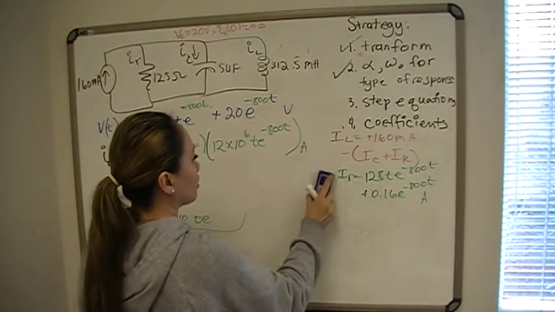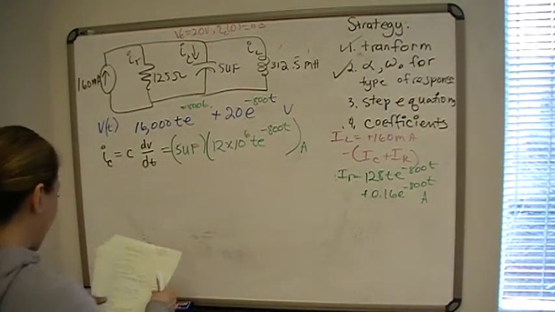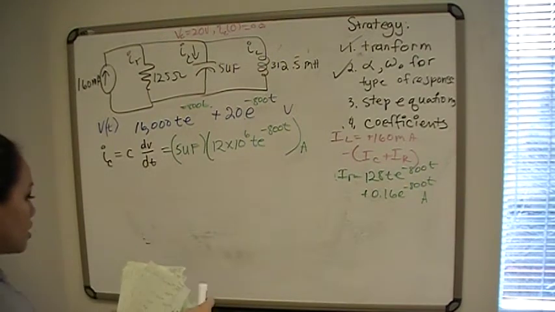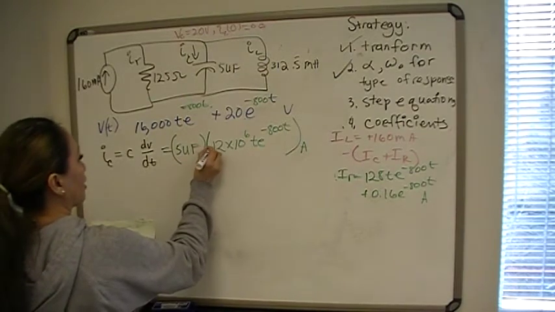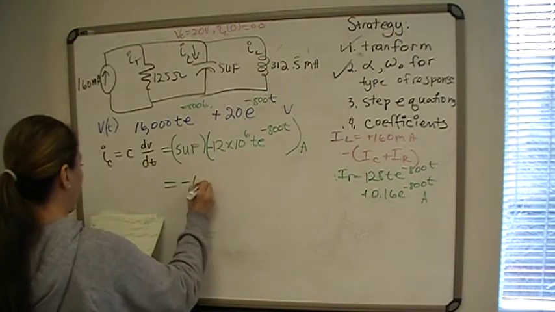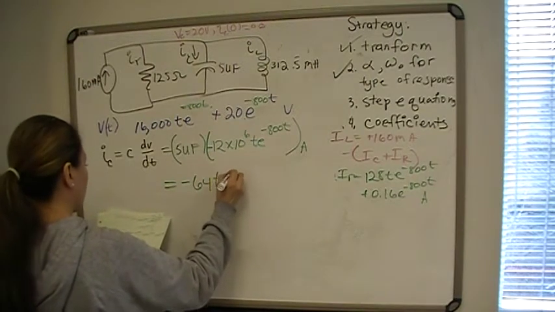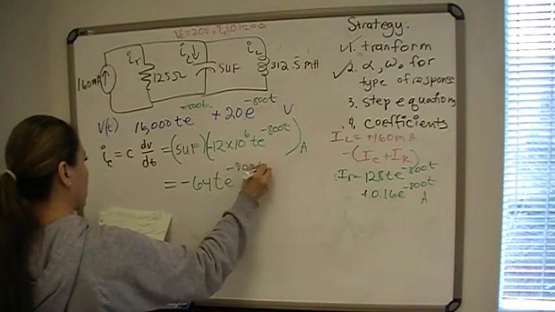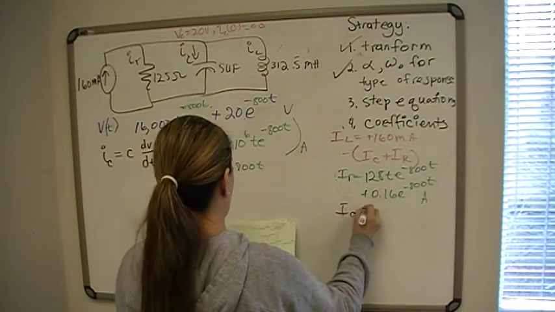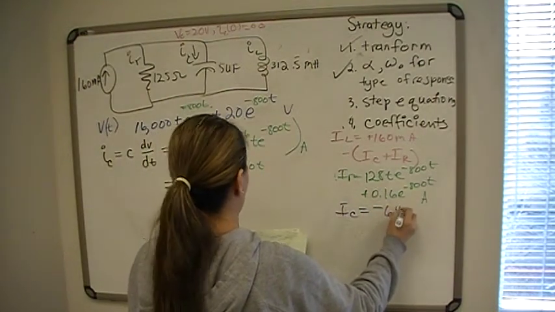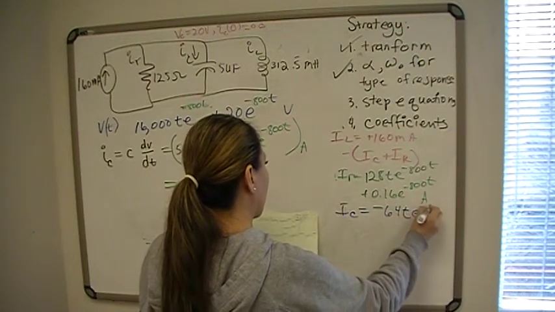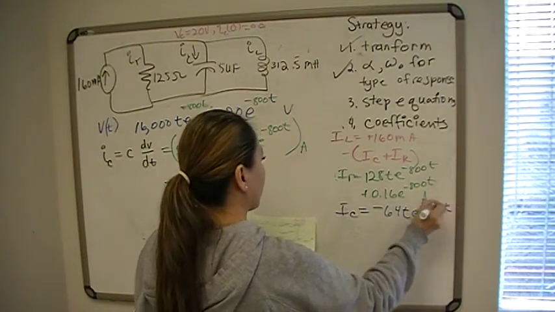And when you multiply that out, you should get that I sub c is, oops, I lost my negative. I sub c is negative 64 te to the negative 800t. Let's park that over here. I sub c is equal to negative 64 te to the negative 800t.